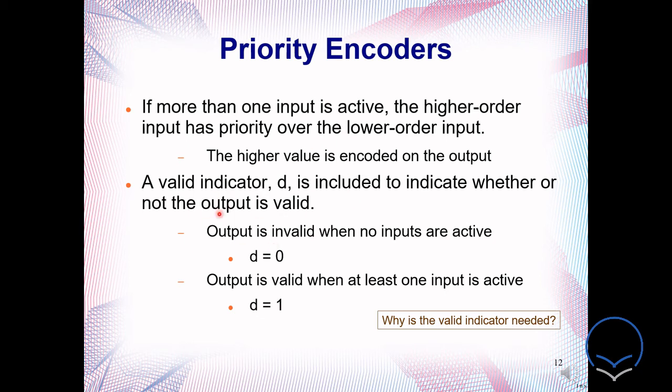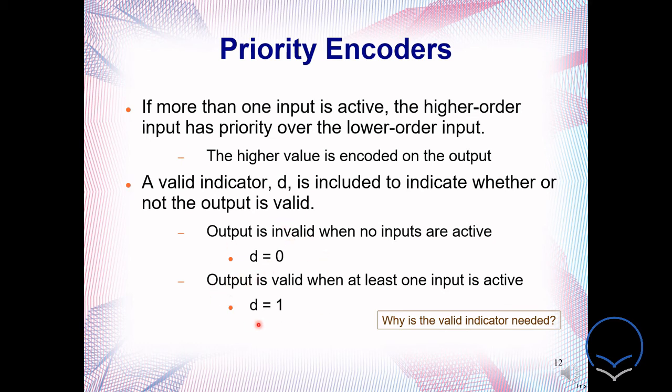This is for the second question. The output is invalid when no inputs are active. If at least one input is active, then the output is valid. This is the answer for question 2.